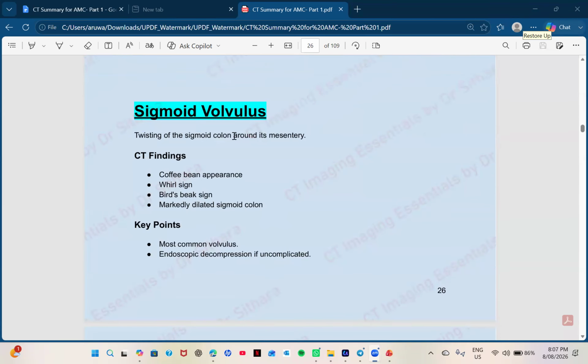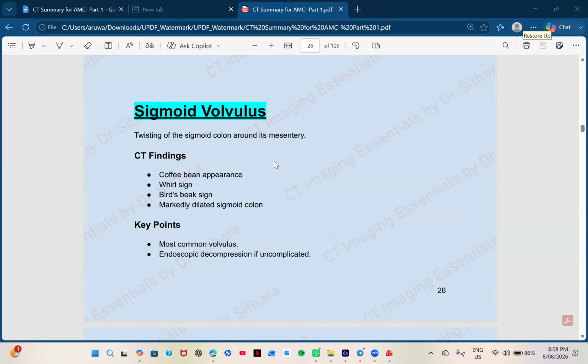Okay, tell me about sigmoid volvulus. What are the key points that I told you that day to remember? Do you remember which type of patient has sigmoid volvulus?